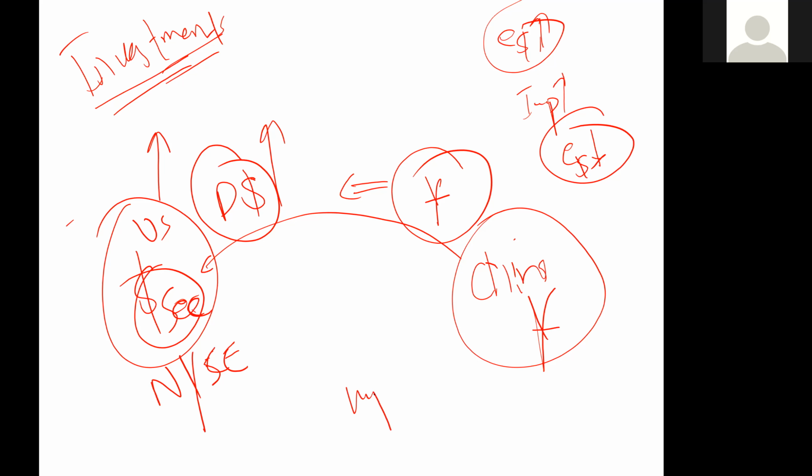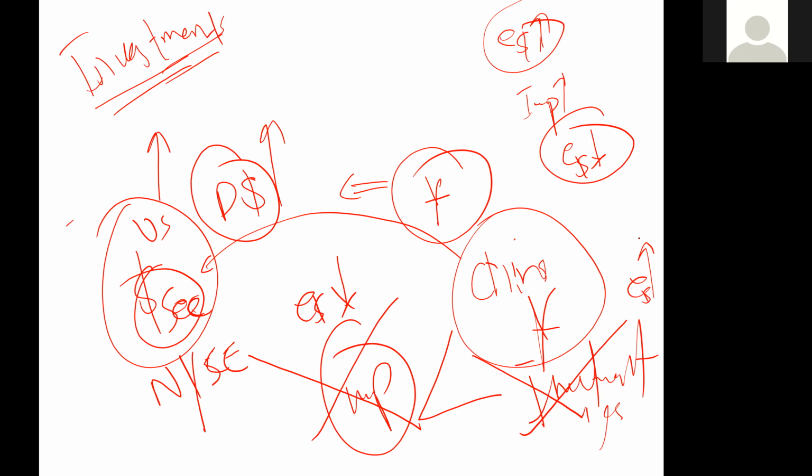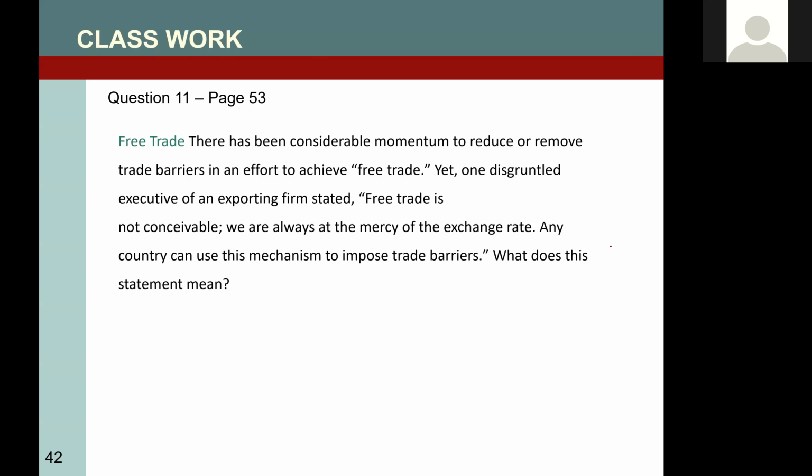So the amount of imports is far less than, or equal to, the investments in the US, and this impact cancels each other. Why? Because imports cause the exchange rate of the dollar to decrease and investment causes the exchange rate of the dollar to increase. That's why this causes an offset situation in the country.